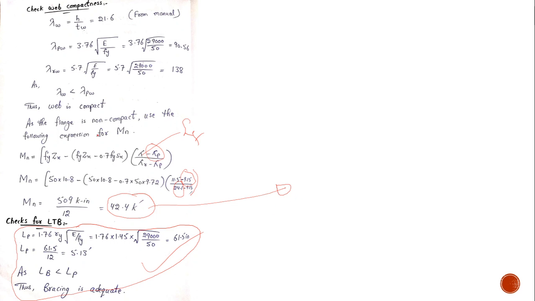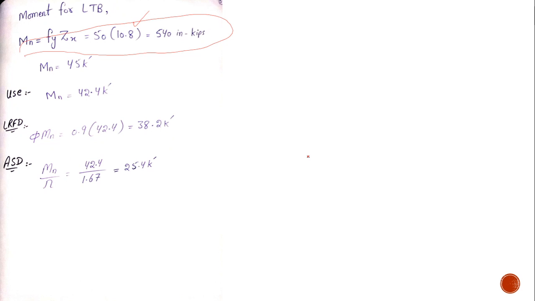This is the moment which my W section is able to resist. This is the value of moment which my W6 into 15 can really resist.